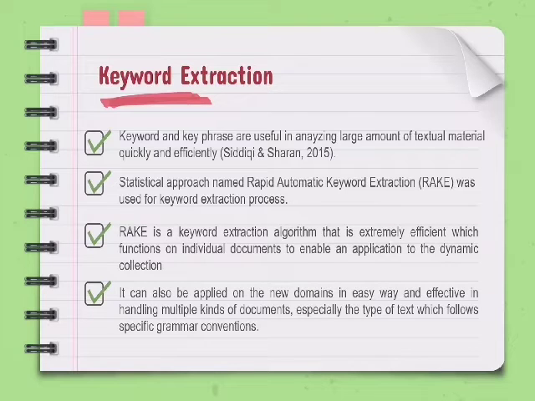RAKE is an extremely efficient keyword extraction algorithm which functions on individual documents to enable an application to the dynamic collection. It can also be applied to new domains in an easy way and is effective in handling multiple kinds of documents, especially the type of text which follows specific grammar conventions.